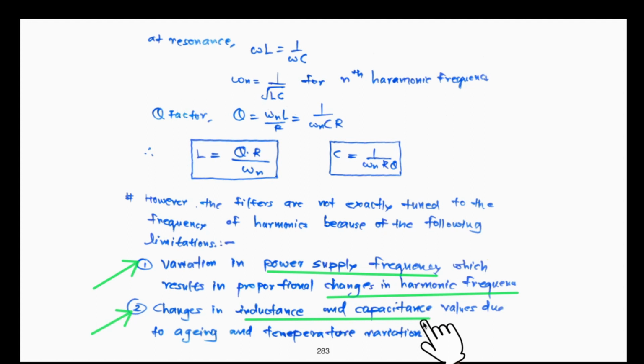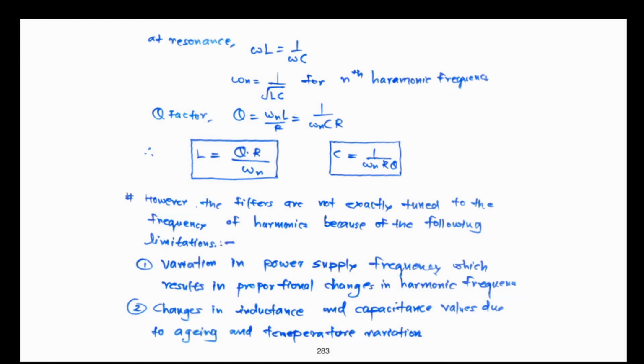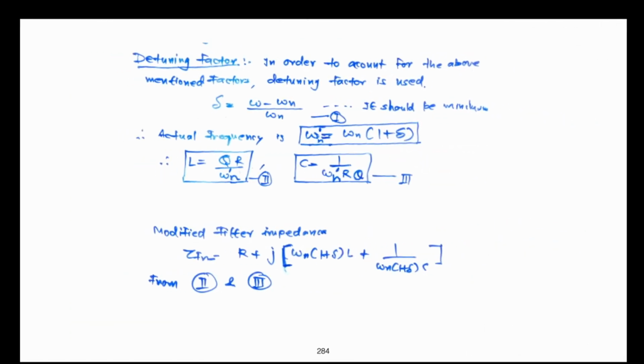If these changes occur, naturally the filter tuning will not be critical, and it may not be able to eliminate the desired harmonics. So a detuning factor is introduced.